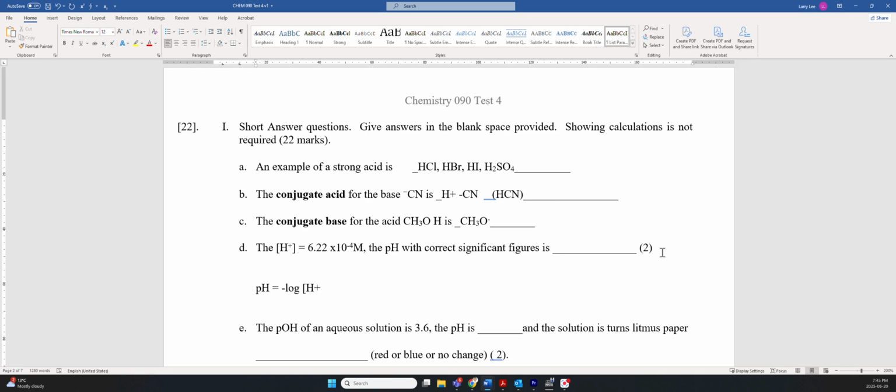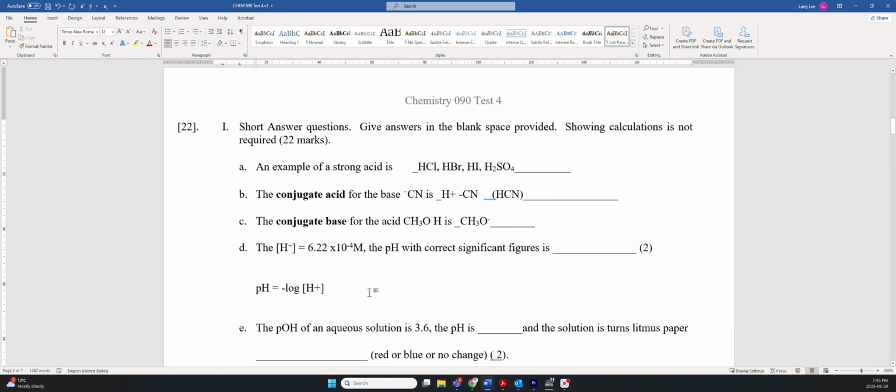And in your calculator, if you have the Sharp Scientific Calculator, which I highly recommend, you have to type in the negative log. There's a plus minus key, and then you hit the log, and then you put in 6.22 times 10 to the negative 4. 6.22 has 3 significant figures in the concentration term.